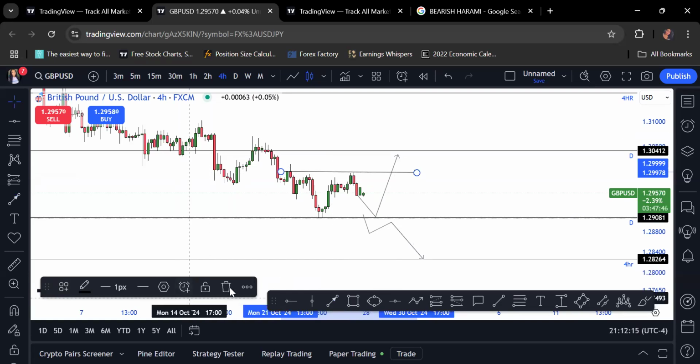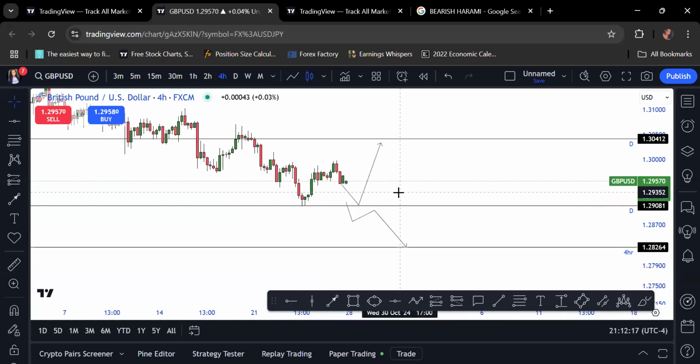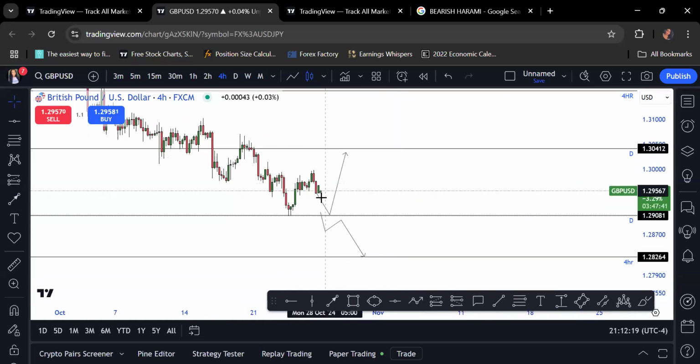So right now it's too early to determine. Let's see if it can respect this low or if we can break it.